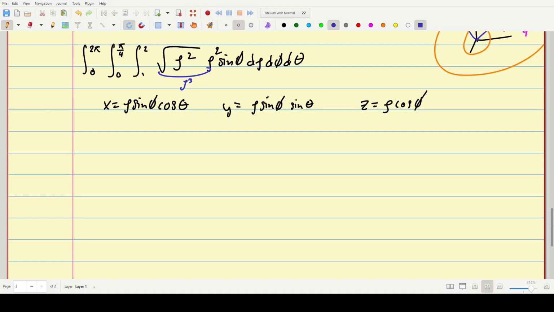And our integrand is separable because it can be written as the product of functions that depend on one variable each. And so we get the integral from 0 to 2 pi of d theta times the integral from 0 to pi over 4 of sine phi d phi times the integral from 1 to 2 of rho cubed d rho.